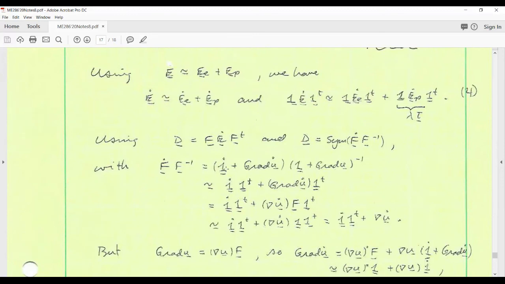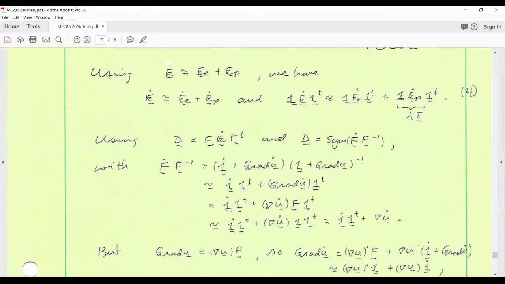Remember, in a superposed rigid motion, the shifter goes to Q times the shifter. So if Q depends on time, then the rotated shifter also depends on time. Okay, so this is exactly true then. If we neglect grad U in comparison to the shifter, we get this. This thing is skew because the shifter is orthogonal. And then we get this.